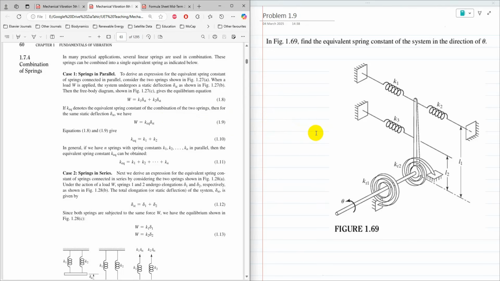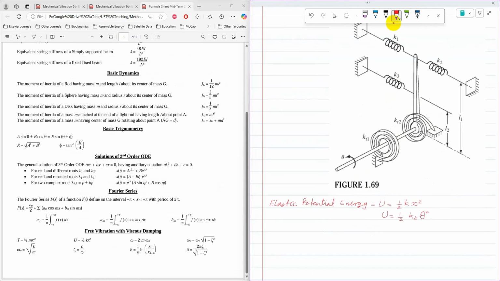To solve this type of problem, we have to use other methods, and the most suitable method here is using elastic potential energy, because when some rotation is given to the shaft, every spring resists, and with that rotation every spring has the ability to store some potential energy.